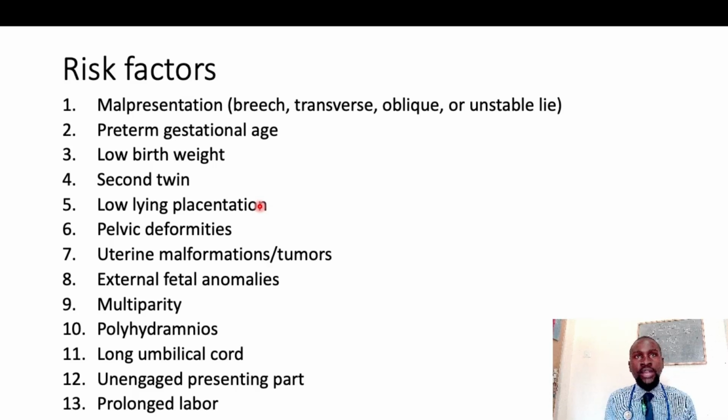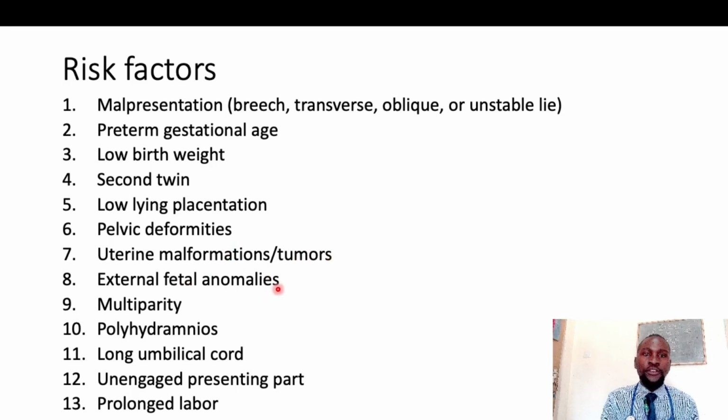If it's a low-lying placenta, usually low-lying placentas and placenta previa are associated with malpresentations as well, and we said these malpresentations are a risk factor for cord prolapse. You can have pelvic deformities, uterine malformations, maybe tumors. All these may lead to malpresentations, and that can increase the risk of cord prolapse.